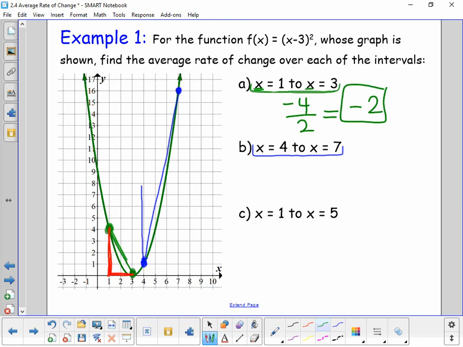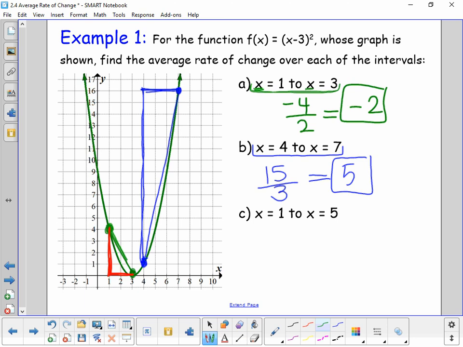And if you think about that slope, this thing is going up 15, and it's going over 3 units. And 15 divided by 3 reduces to 5. So the average rate of change for the interval from 4 to 7 is 5.